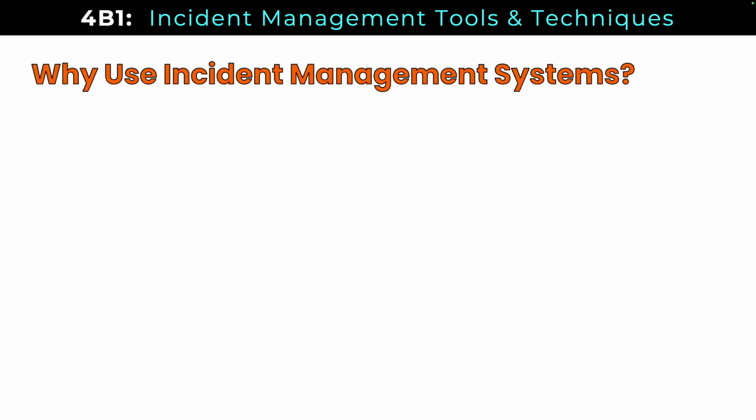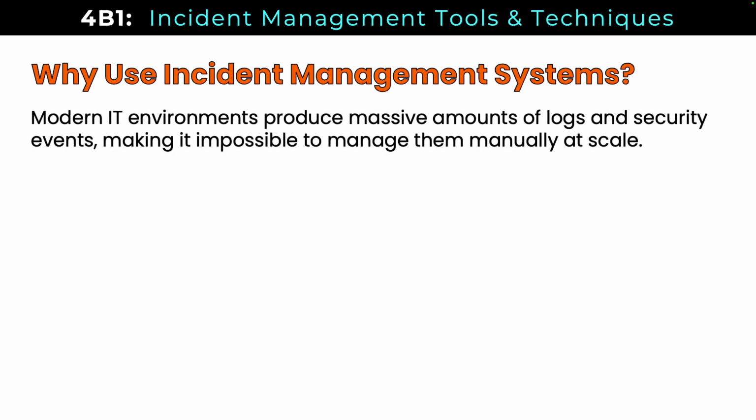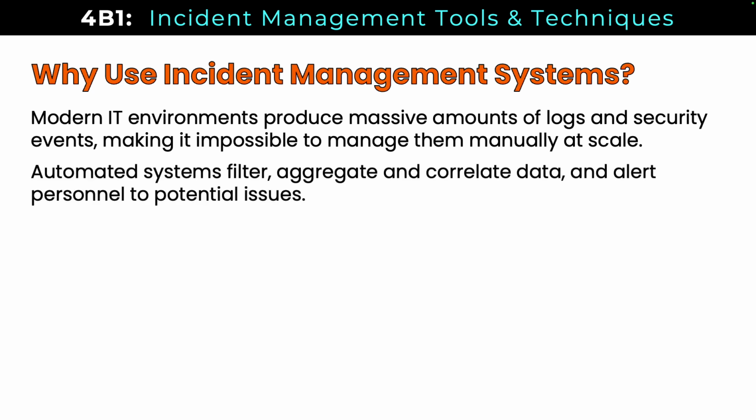So why use incident management systems? Well, basically, modern environments produce massive amounts of logs and security events, which makes it virtually impossible to manage them manually at scale. And automated systems will filter, aggregate, and correlate data and alert personnel to potential issues.